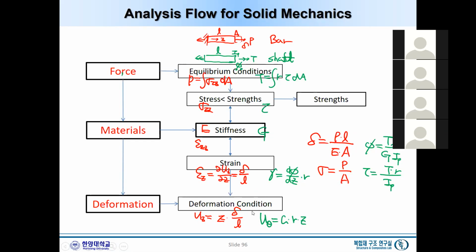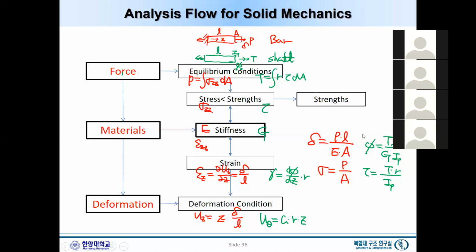So it is important and very useful to remember both deformation, strain, and whole procedures. And the result is that under tensional load, the deformation delta of this bar, length L, cross section A, stiffness E, is simply delta equals PL over EA.